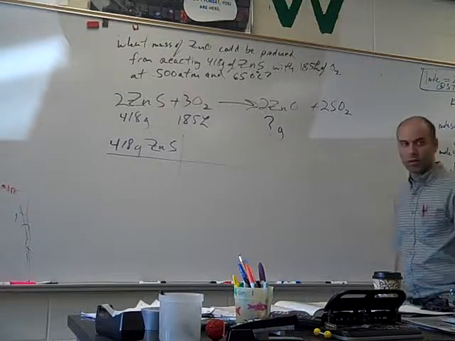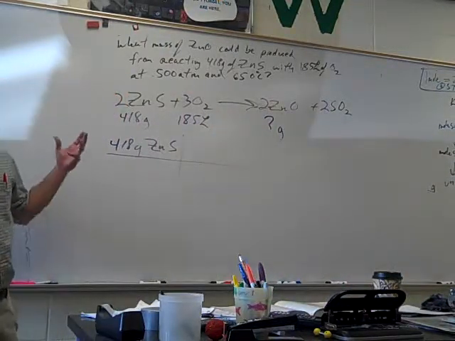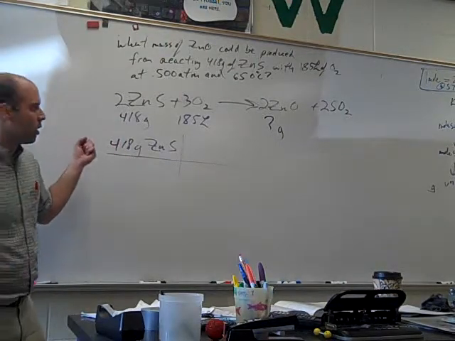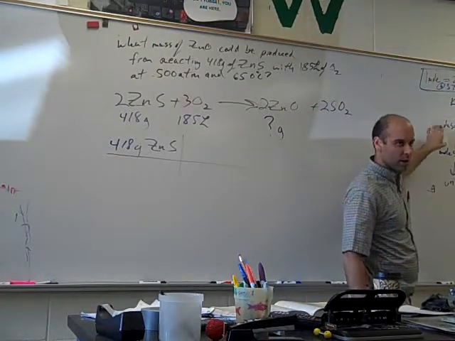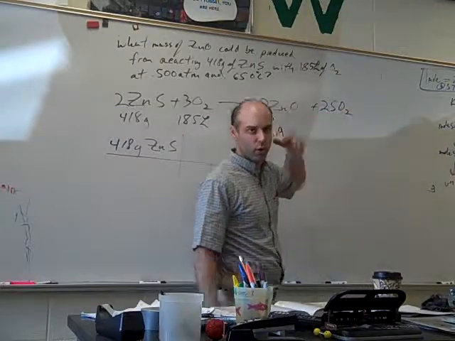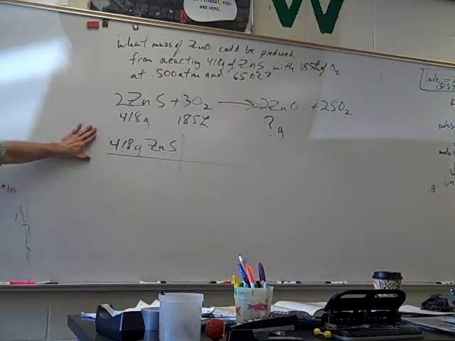But it could be something else. It could be volume. But usually whatever you're given, whether it's grams or liters or density, get your known into moles. Then you use the mole ratio, and then you convert it into what you're trying to find at the end, grams, liters, or whatever.